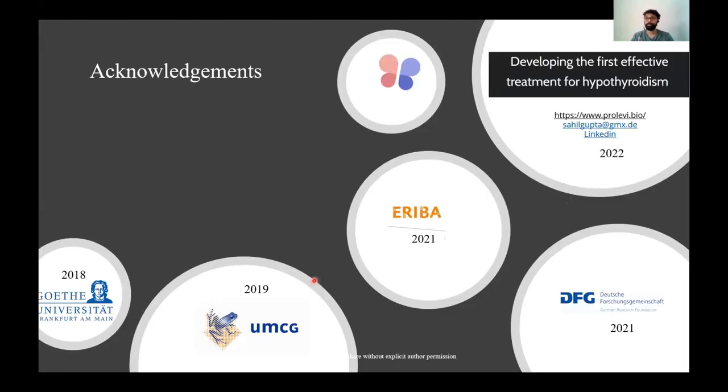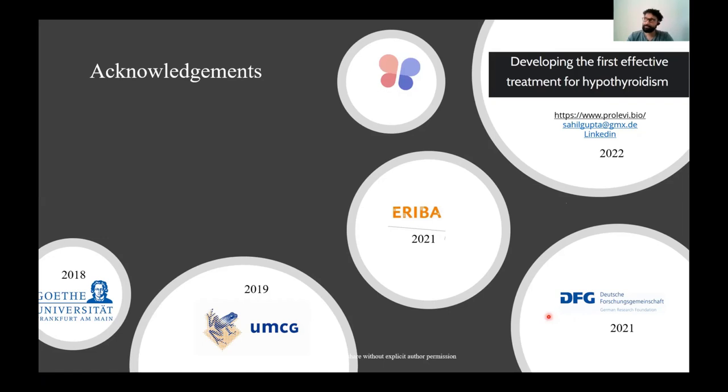So with that note, I would like to end the talk very briefly. All of this work that I showed stems from past experiences, right from a PhD that I started in 2014, finished in 2018. My experiences at UMCG, where I did my postdoc, funded by the DFG fellowship as well.